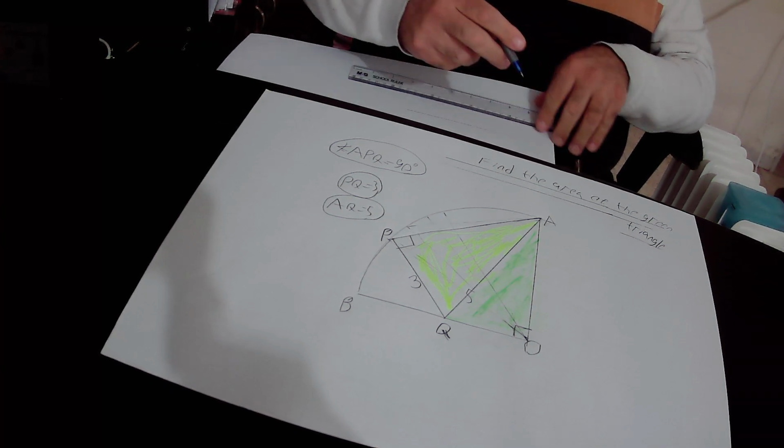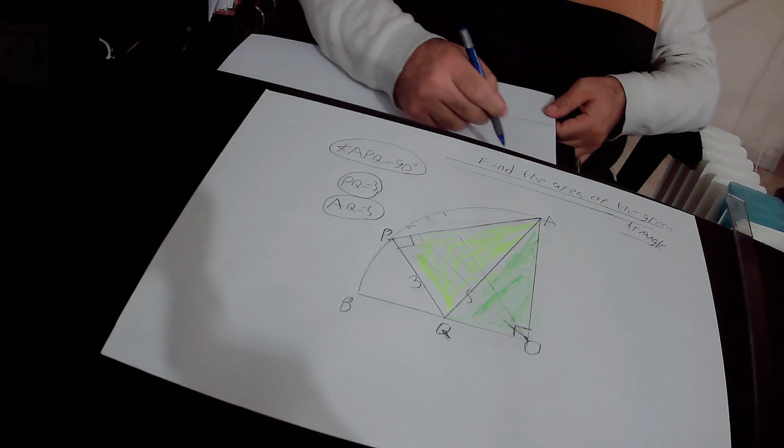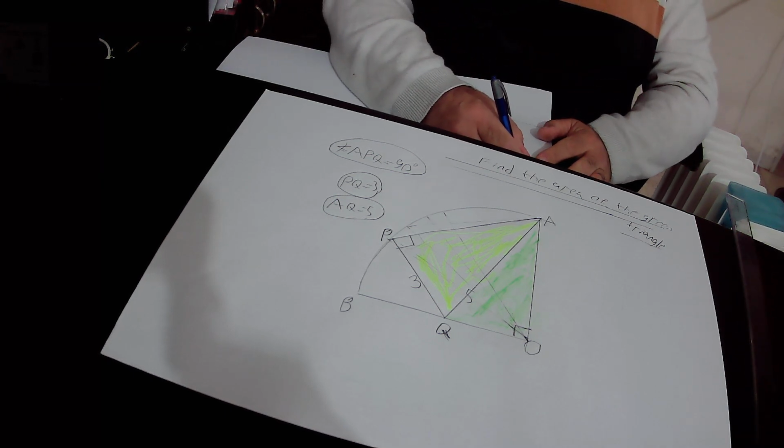The hypotenuse of the right yellow triangle APQ is AQ, therefore the square of the hypotenuse is AQ square.